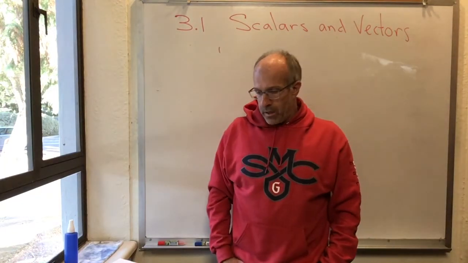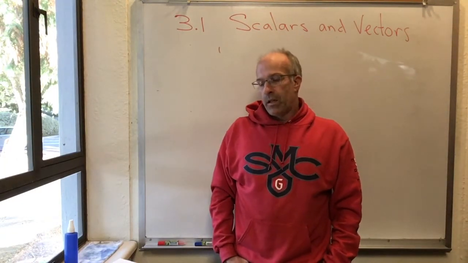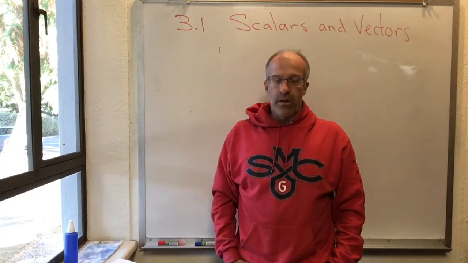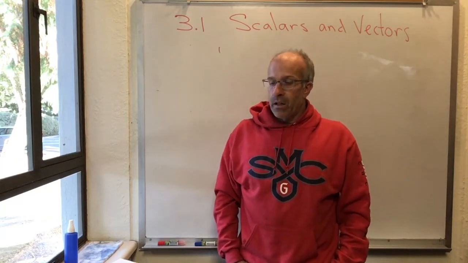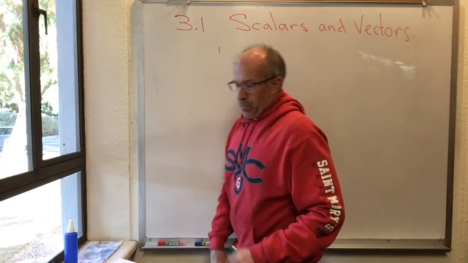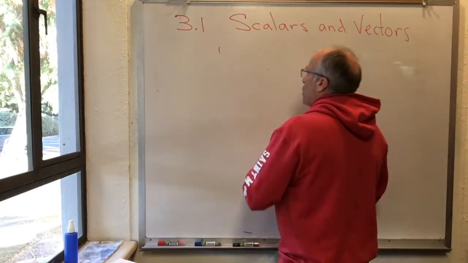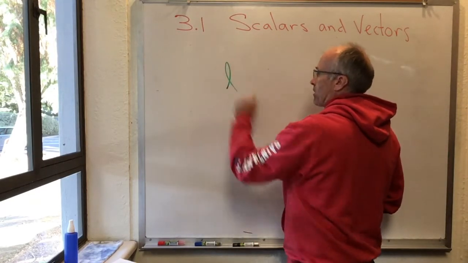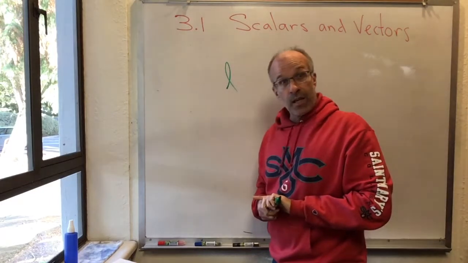So the bottom line of Night 3.1 is that there are two very different kinds of quantities that we're going to be working with an awful lot. And they're scalars and vectors. And because they're so different, usually we just make a nice letter symbol when we're trying to capture a scalar.